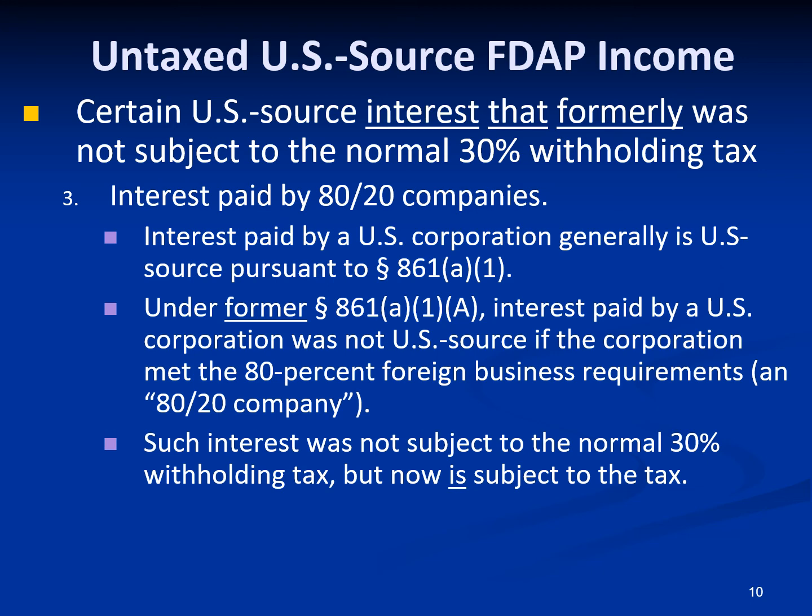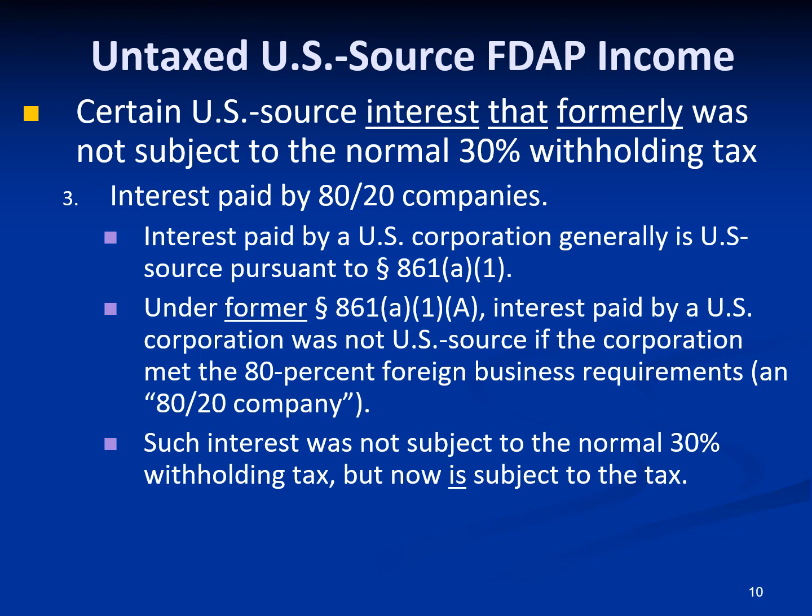Now, a former provision, former Section 861(a)(1)(A), provided that interest is not U.S. source if it is from a resident alien or domestic corporation that meets the 80% foreign business requirements of subsection (c)(1).